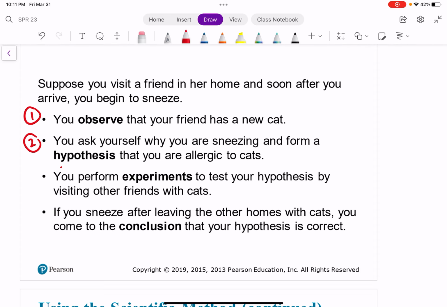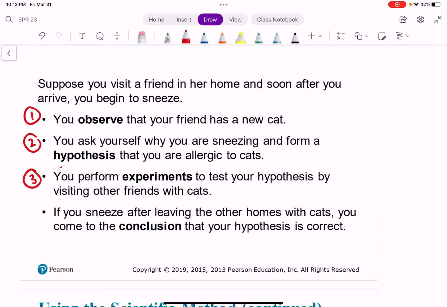The next step is performing experiments to test your hypothesis. And this is what we do in lab all the time, right? We perform experiments to see if, am I correct in my hypothesis, or do I need to revisit that? So in this case, we're testing our hypothesis by visiting other friends who have cats. That's step 3.